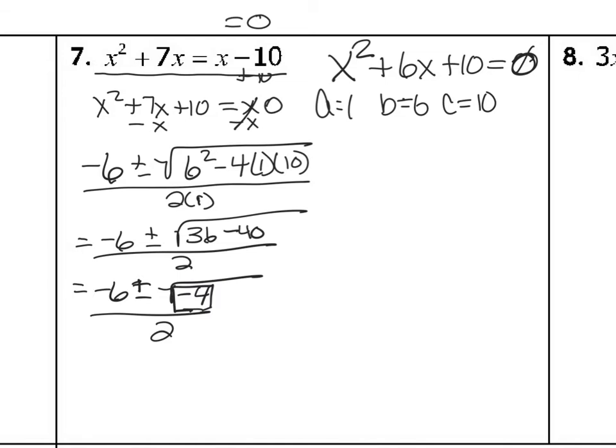And what did we say if our discriminant is a negative number? Then there is no solution. Try putting square root of negative 4 in your calculator. It's not going to do that. At least not in Algebra 1. Okay, I'll leave it at that.